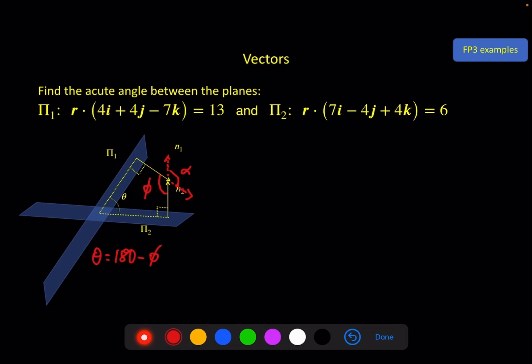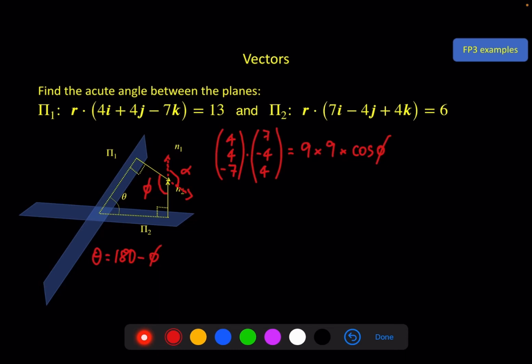So again, I just need to do the dot product. So we've got (4, 4, -7) dot (7, -4, 4) is equal to the magnitude: 4 squared plus 4 squared plus 7 squared happens to be 81, so the square root of that is 9, and it's the same digits on the other one, times the cosine of phi.